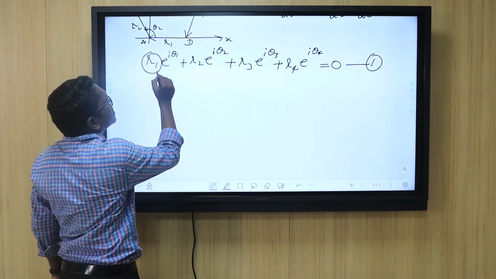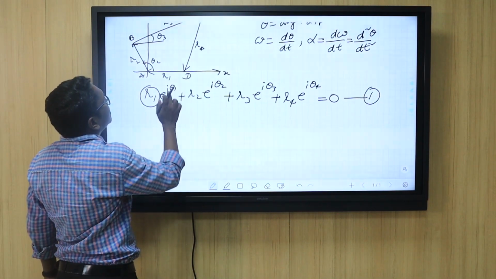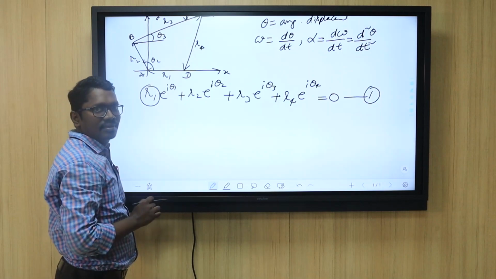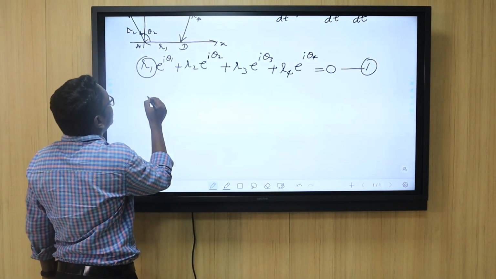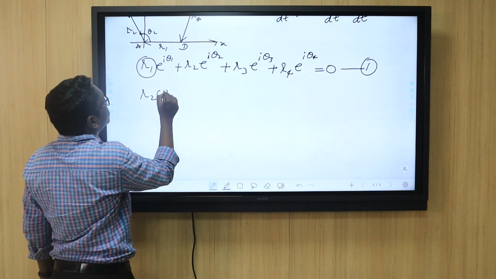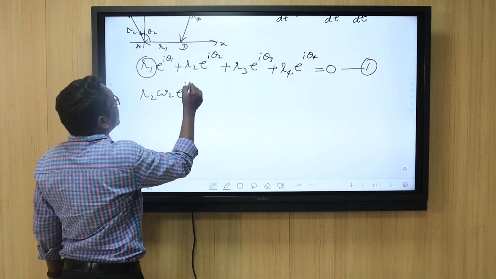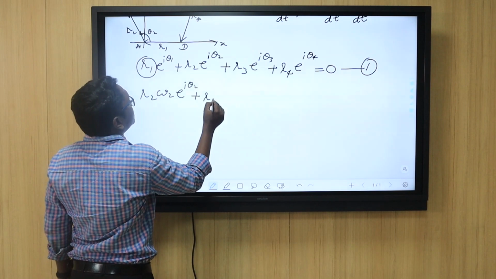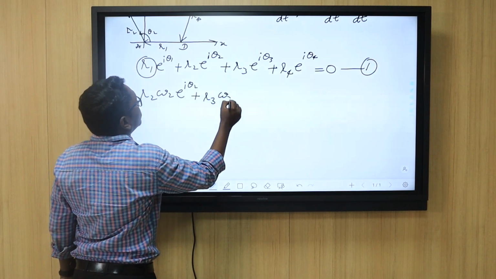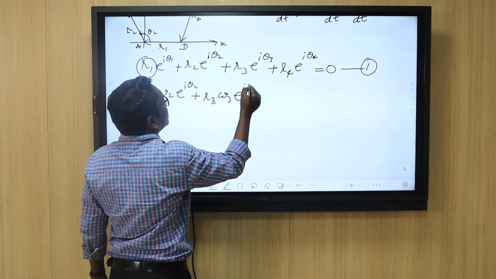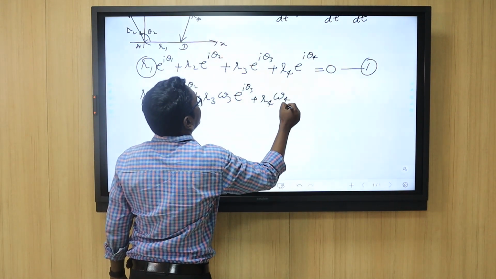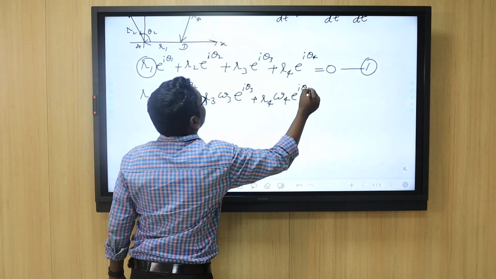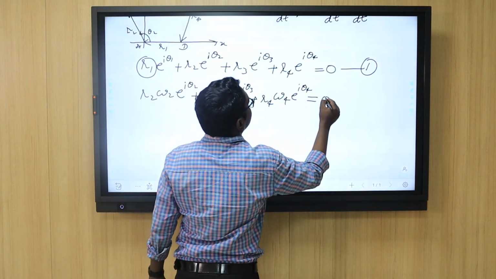Because r1 is a constant, because this link will not move, we will get r2 omega 2 e^(i theta 2) plus r3 omega 3 e^(i theta 3) plus r4 omega 4 e^(i theta 4) equal to 0.